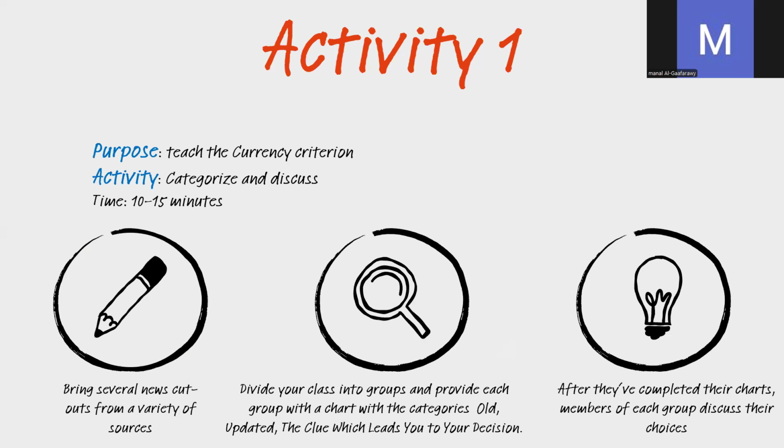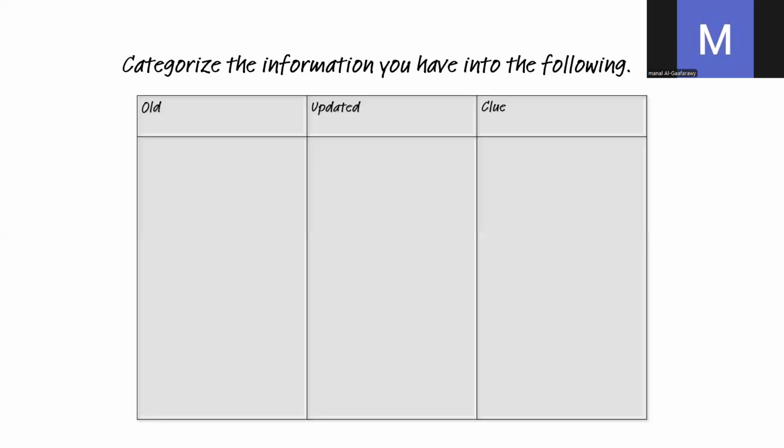And then you divide your class into groups and provide each group with a chart with the categories old, updated, and the clue, which leads you to your decision. After the students have completed their charts, members of each group discuss their choices. And here is an example of the chart that you can apply and use in your classroom.